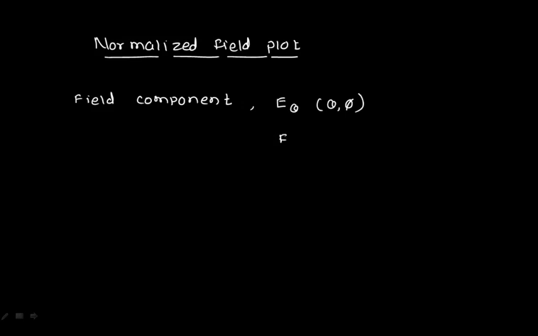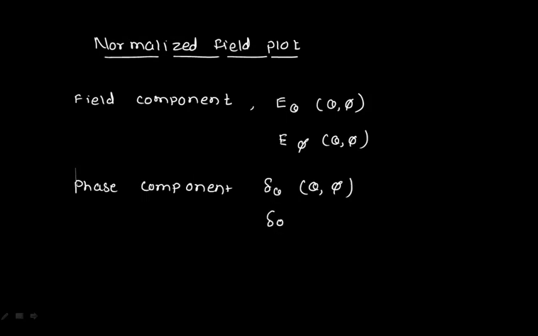Then it will be E phi, again a function of theta and phi. And the phase of this electric field component, I can denote as delta theta as a function of theta and phi, and delta phi as a function of theta and phi, and so on. This delta is nothing but the phase angle.